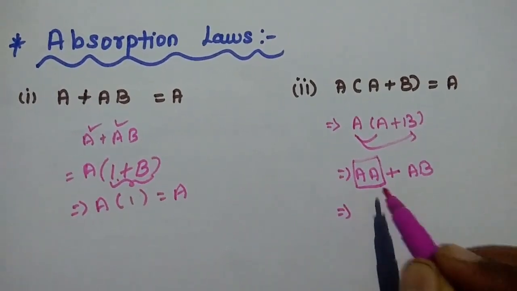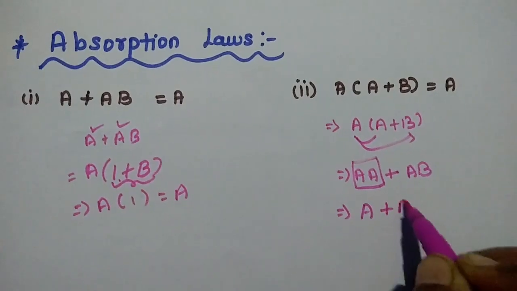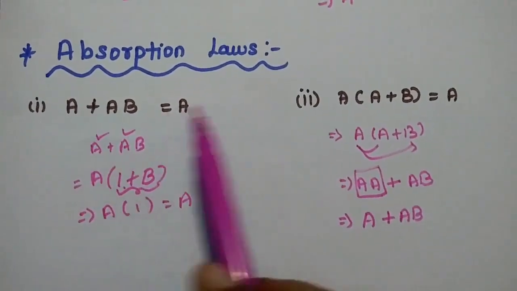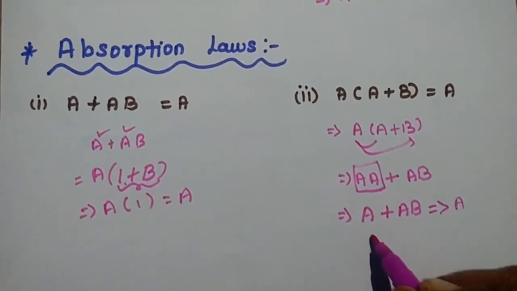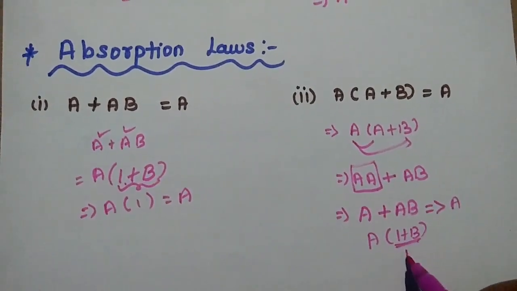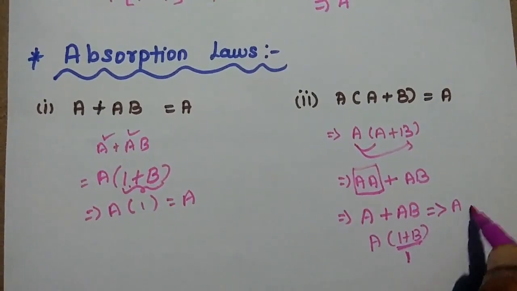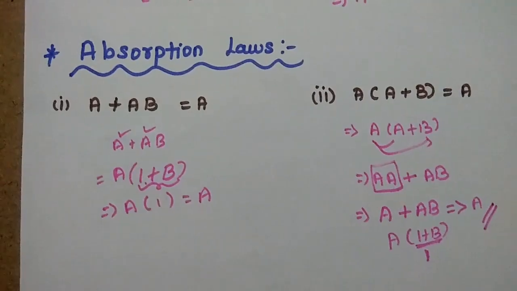We can write a plus this ab. As we have already derived, a plus ab is equal to a. The same steps we have to follow. We can take a outside. So 1 plus b. 1 plus any value is equal to 1 always. So here 1 into a is equal to a. Okay. So these two are the absorption laws.